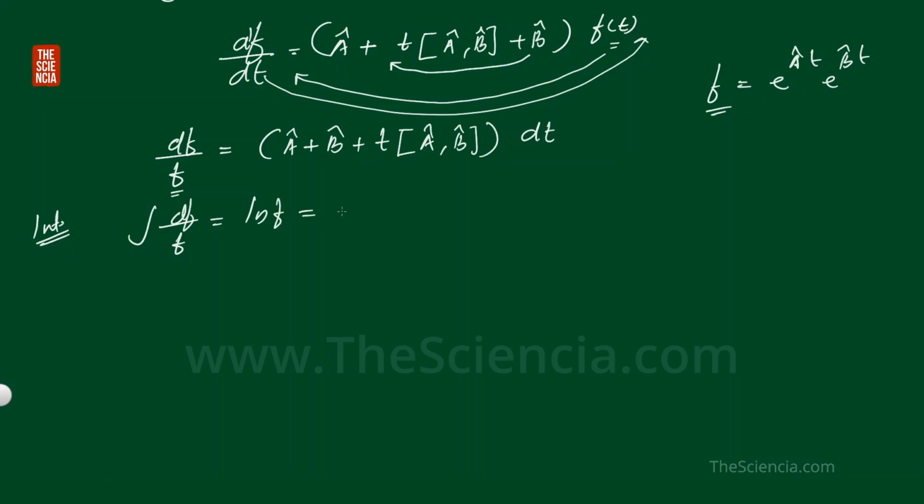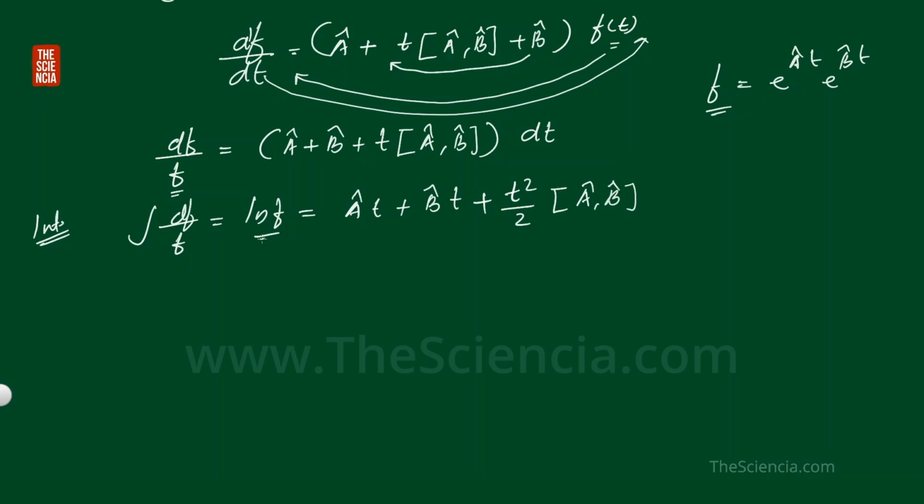That is, log f is equal to, so we have to integrate this term with respect to dt, right? So we will get A cap t plus B cap t plus integral of t, that is t square by 2 into AB.